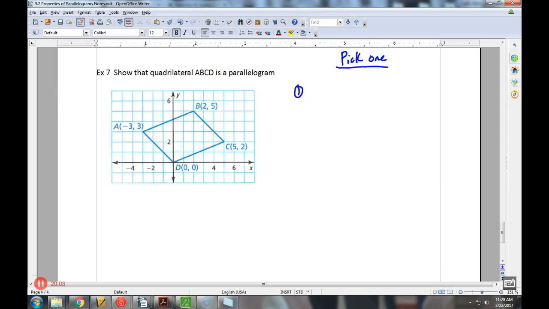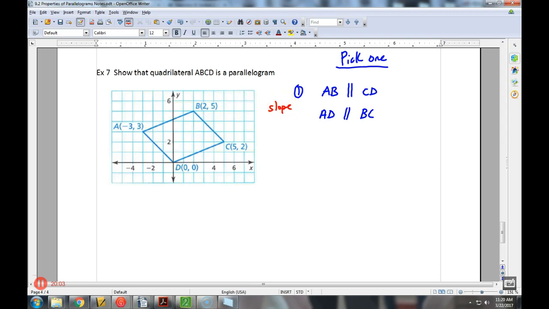First property is if I could show that AB is parallel to CD and AD is parallel to BC, that would be good. And the only way that I can do this one is if I look at slopes.